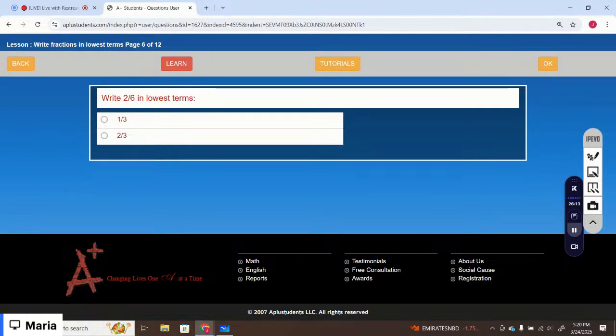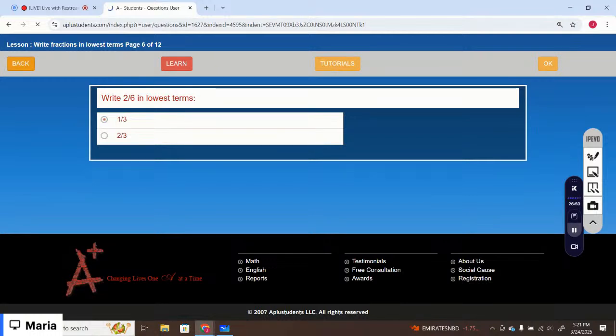Write 2 by 6 in the lowest term. So which is the correct option? That is 1 over 3. Option number 1 is the correct option.